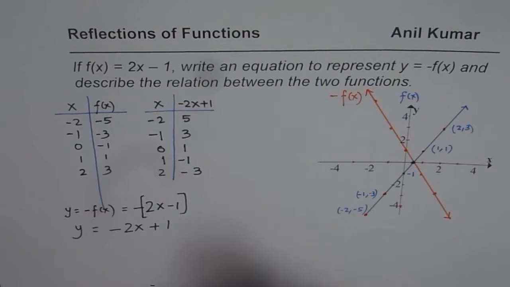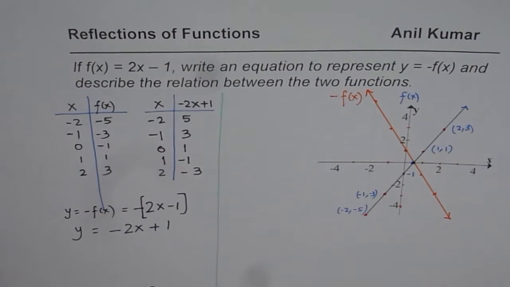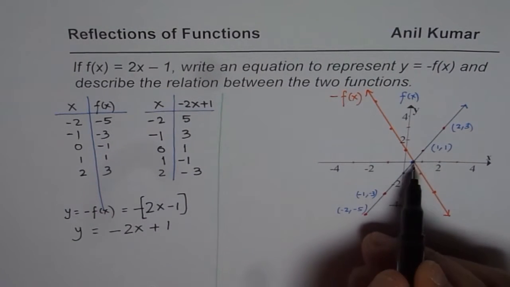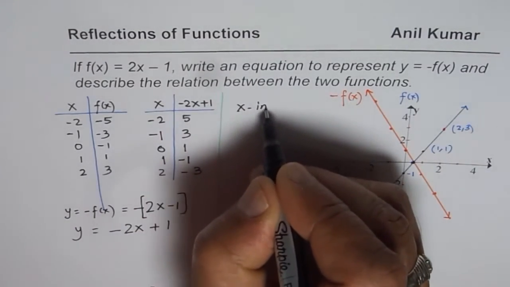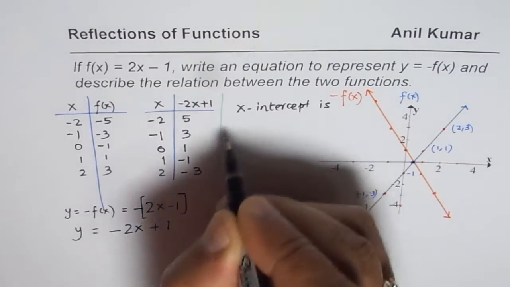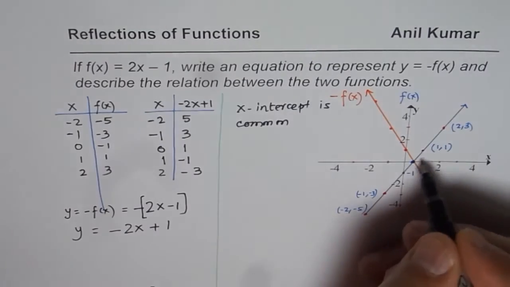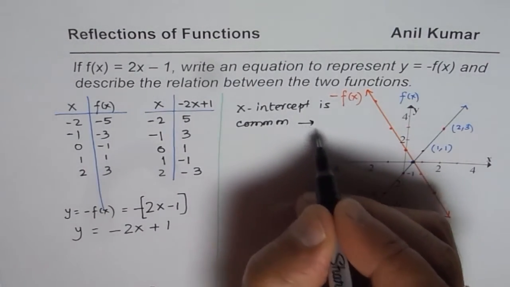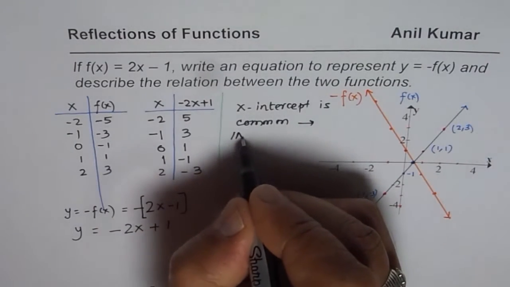Let me list out the characteristics which we observe. The first one, which is very prominent here, is that the x-intercept is common. That means it does not change, right? We call such points which are common, which do not change, invariant.